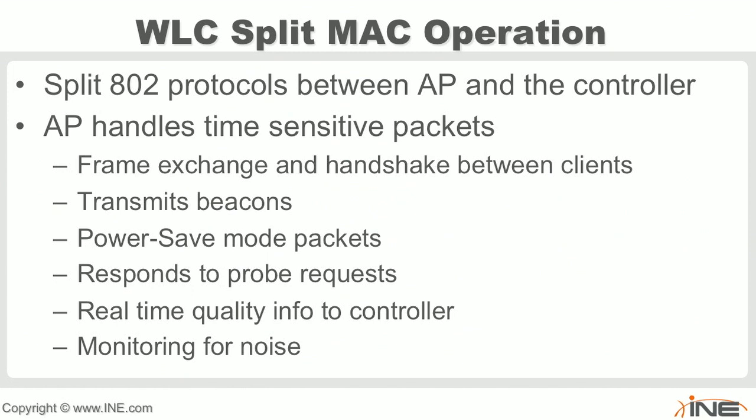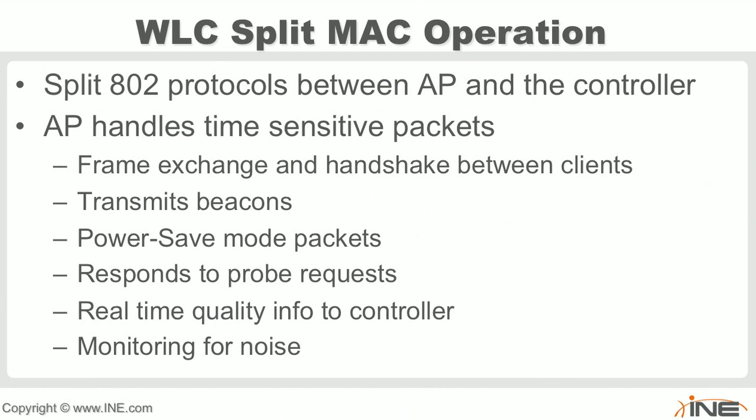The idea is that we're splitting 802 protocols between the AP and the controller. The AP is going to handle certain packets autonomously, or I should say switch them out to the network locally, and then tunnel some of those packets back over the CAPWAP DTLS tunnel to the wireless LAN controller.